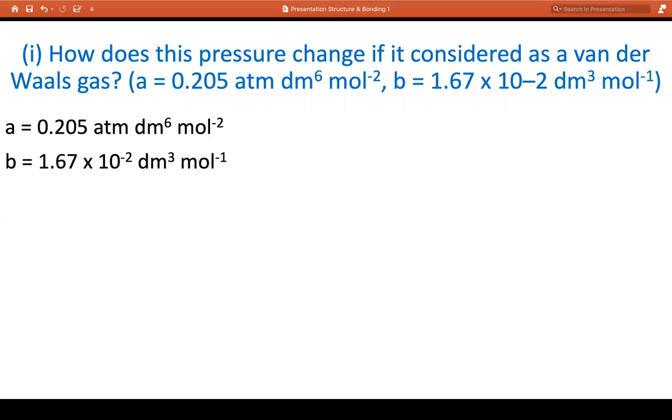The equation for a van der Waals gas is P = nRT divided by (V minus nb) minus a multiplied by n squared divided by V squared.